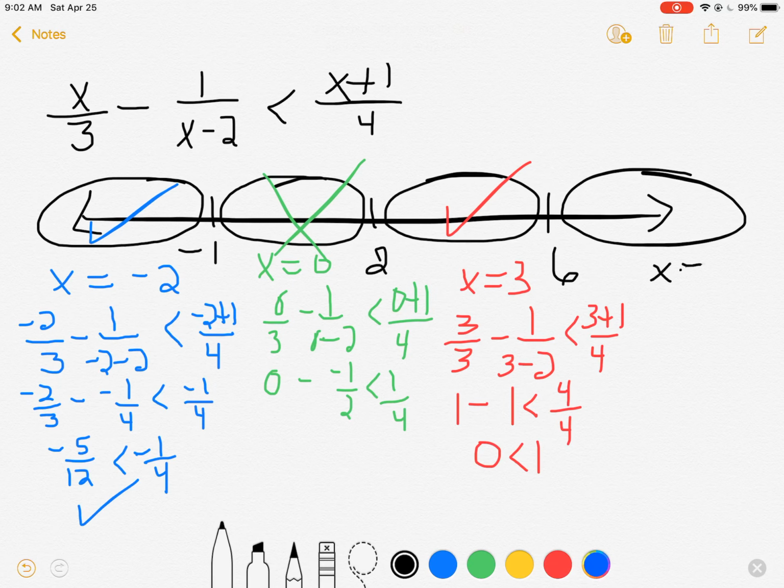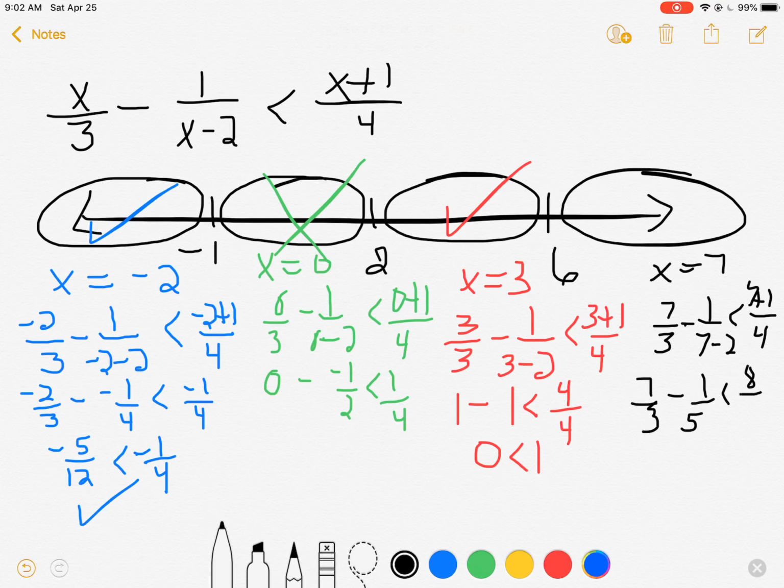And then on the last one, I'm going to pick x equals 7. So I'll say 7/3 minus 1 over 7 minus 2. Is that less than 7 plus 1 over 4? Is 7/3 minus 1 over 5 less than 8 over 4?